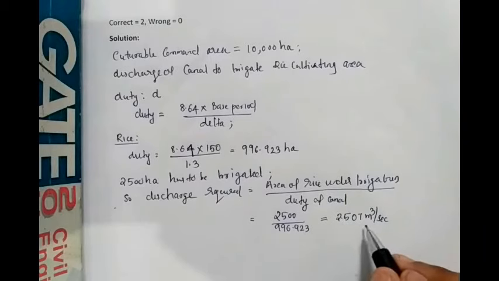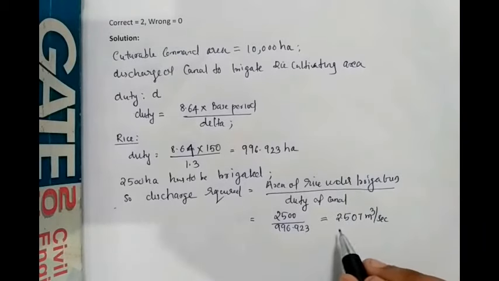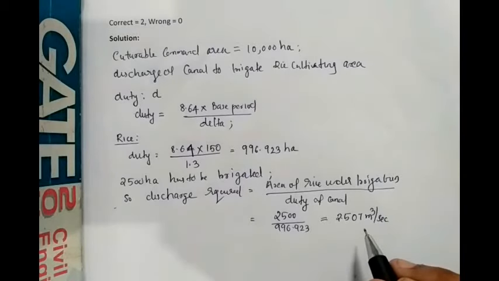This means you have to run 2.507 meter cube per second through the canal throughout the base period of 150 days to irrigate 2500 hectares with a delta, or depth of water, of 130 centimeter. This is the meaning of that discharge.